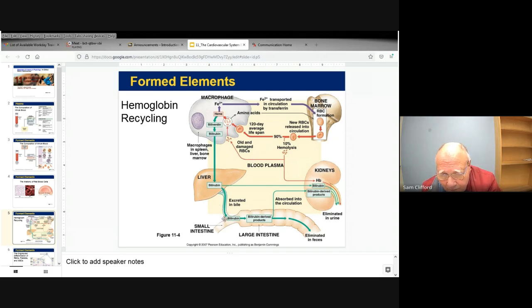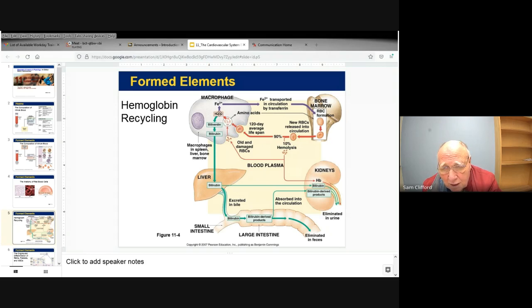The bilirubin can also be excreted in bile and eliminated. So the protein hemoglobin is broken into bilirubin and so on. The kidneys are also involved in eliminating some bilirubin. So the first thing that happens is old or damaged red blood cells are consumed, digested, and broken into amino acids.